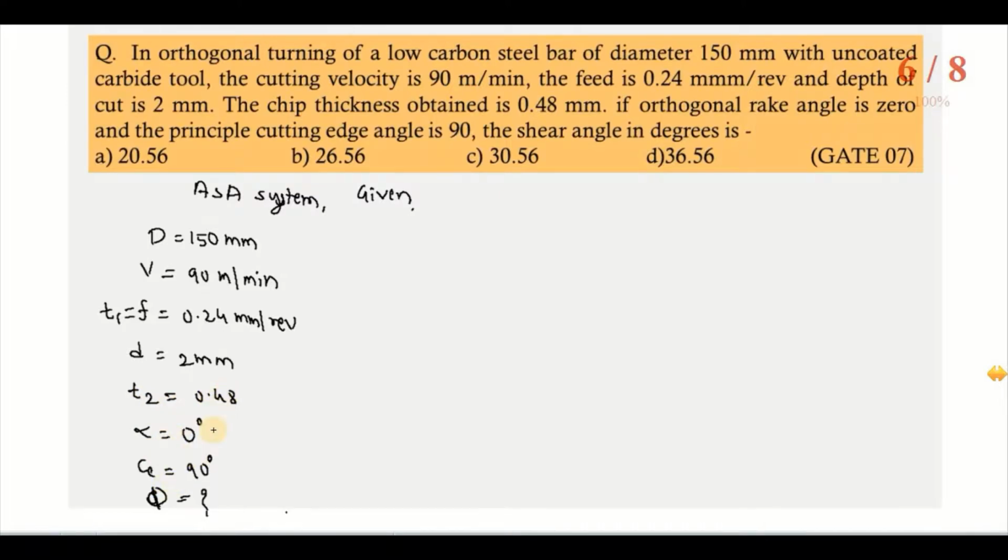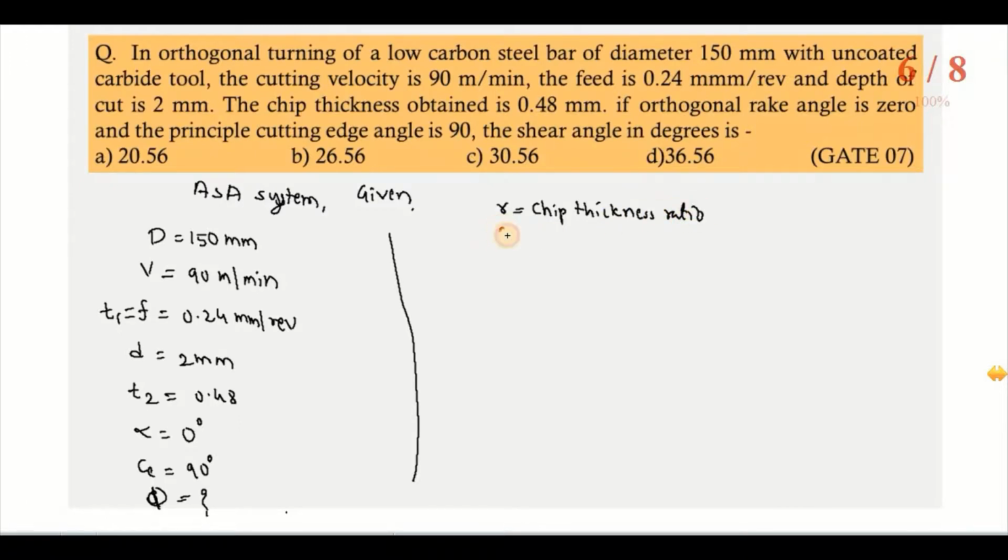Alpha is given. So these are the extra terms given: diameter, velocity, depth of cut, cutting edge angle. We don't require these. We only want to calculate the chip thickness ratio.